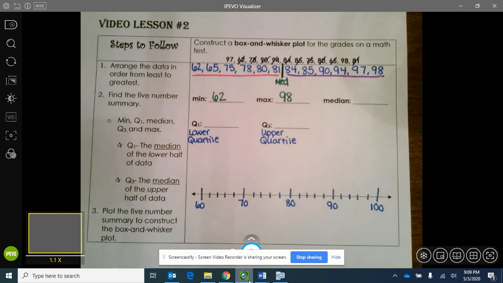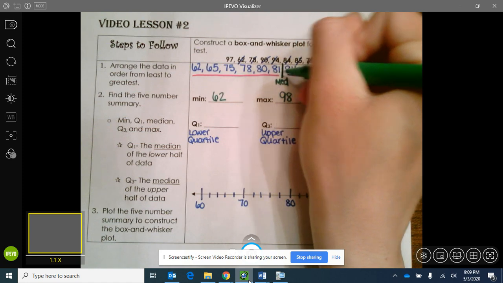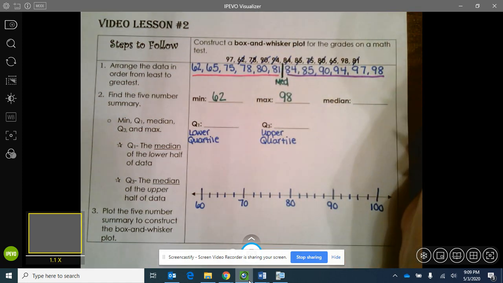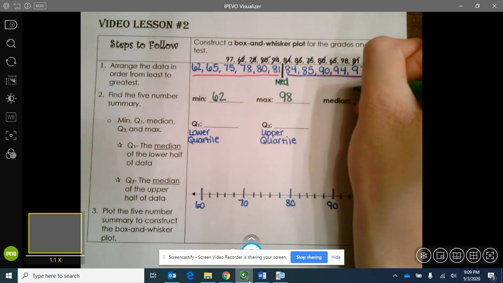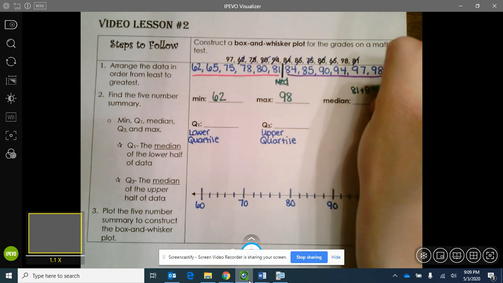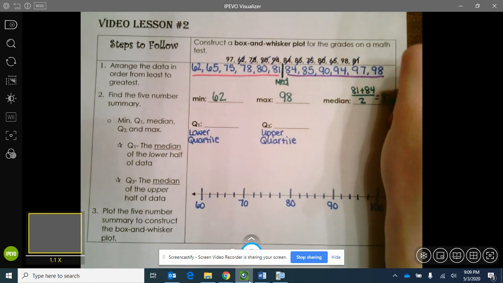Okay, now to find what that median is, I need to find the number that's directly in the middle between 81 and 84. So think about when we did measures of center and we had 2 data values that were in the center. You would average those two. So I'm going to take 81 plus 84, and divide that by 2. And when I do that, I get 82.5.